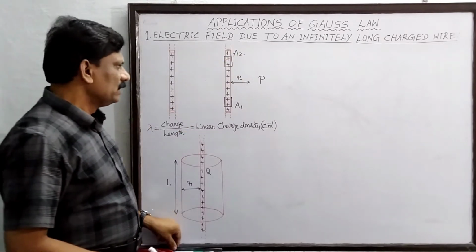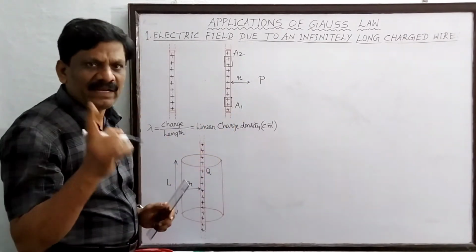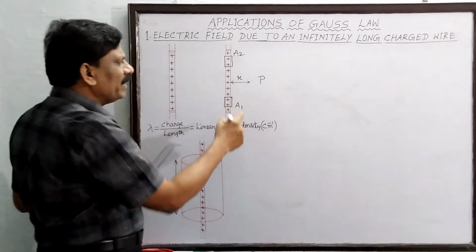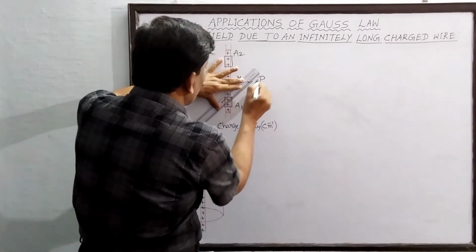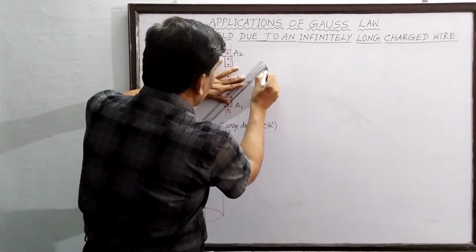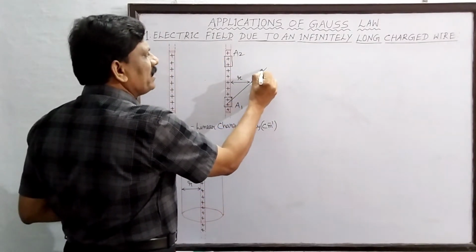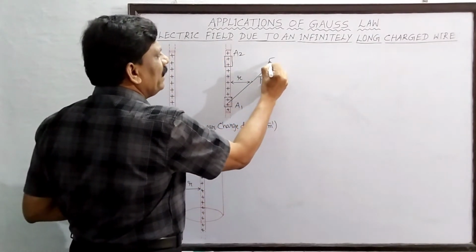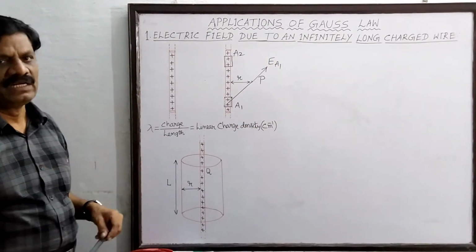So now at this point P, what will be the electric field due to this element A1? I will join the element with the point P, so that the electric field due to this positively charged element will be EA1. This is the direction of the electric field.